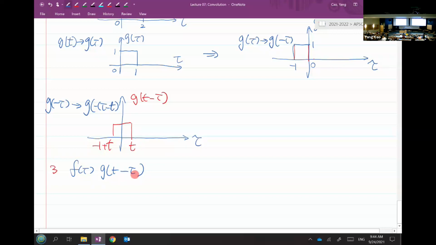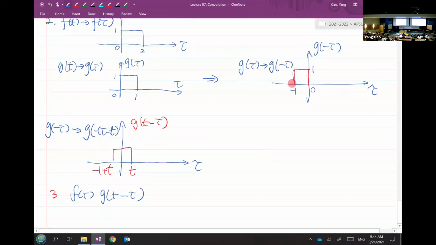So when you do this step of multiplication, this is where you have to examine how I am going to shift this graph right here, or how much I am shifting, and how much of the shifting is affecting the multiplication of these two graphs, okay? So for example, this graph is always here, right? And I don't know what the t-values are yet, right? So let's see, I'm just scribbling here.